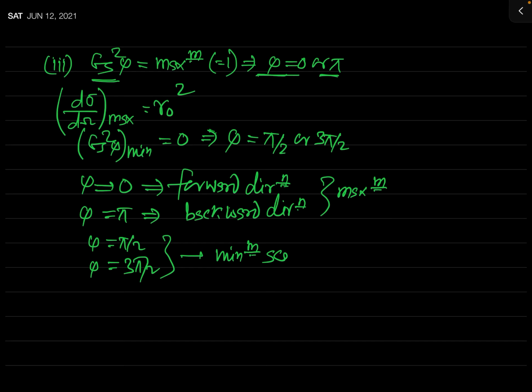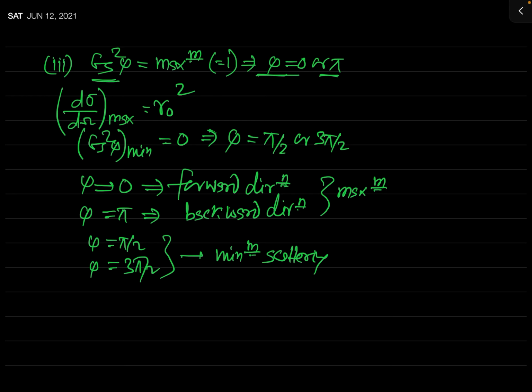So finally we say that scattering occurs in all directions, but it is maximum when phi is equal to 0 or pi, that is in forward direction or in backward direction, but it is minimum when phi is equal to pi by 2 or 3 pi by 2. So this is the final conclusion of this result.